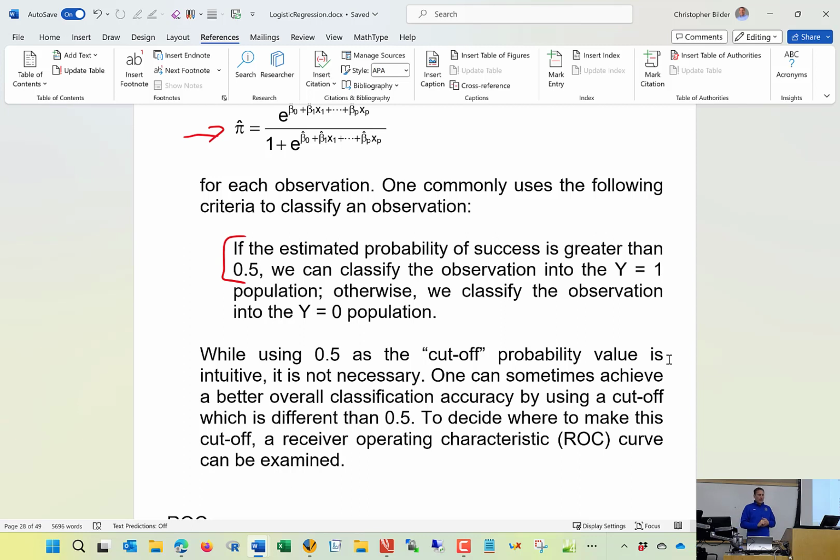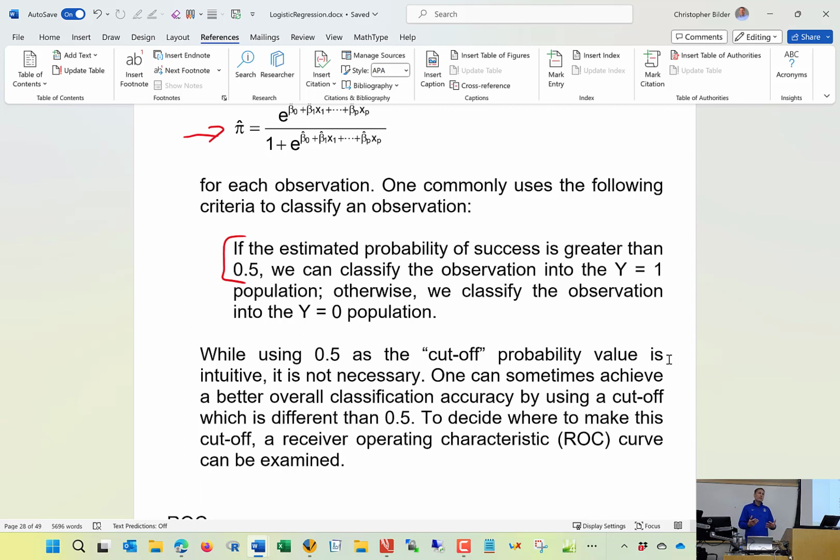Now, you don't have to use 0.5 as the cutoff probability. You could use something else, 0.8, 0.2. And that's one of the big goals here for us, to see what is the effect of that. Maybe you could get a higher correct classification accuracy.